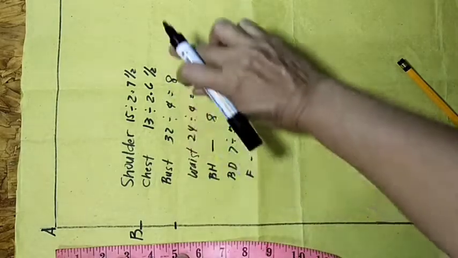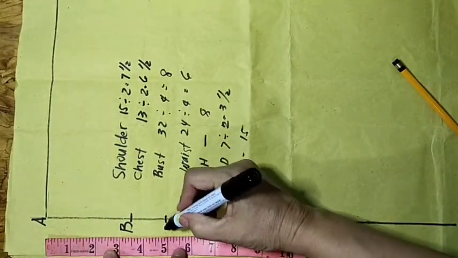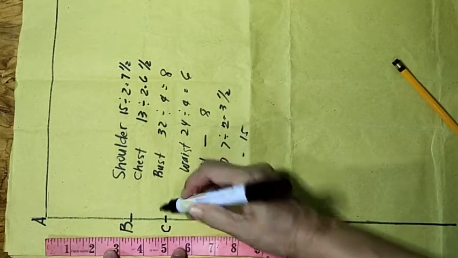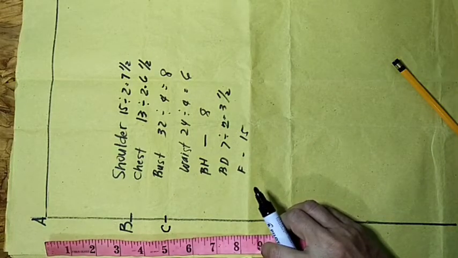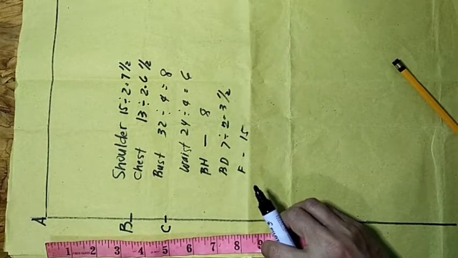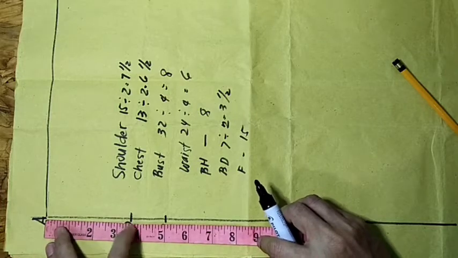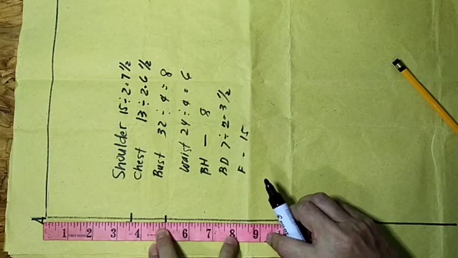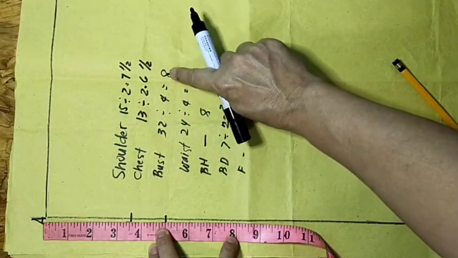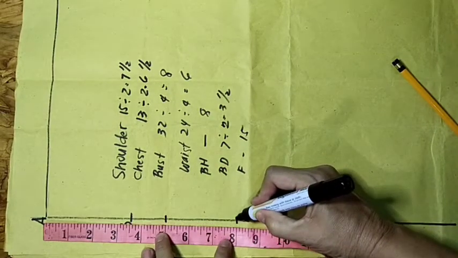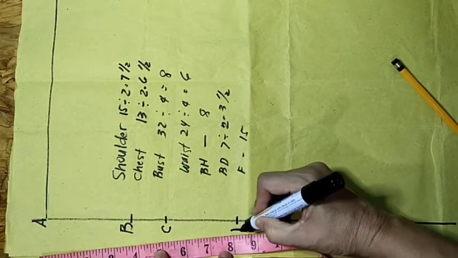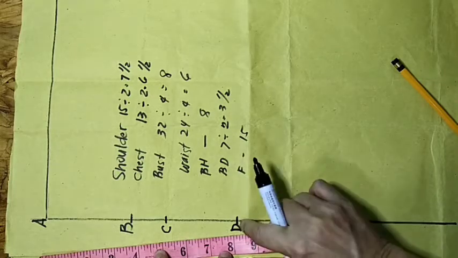This is the location of your chest and mark as point C. Next, from A downward, measure 1/4 of your bust, and this is point D. Measurement of your bust is 8.